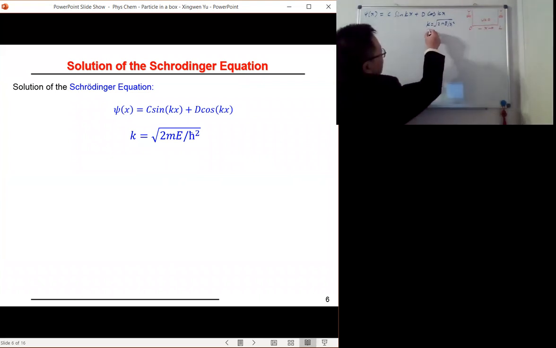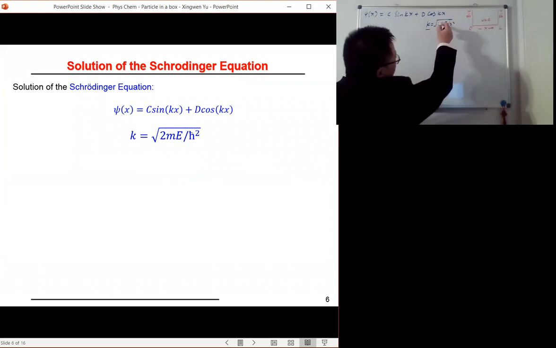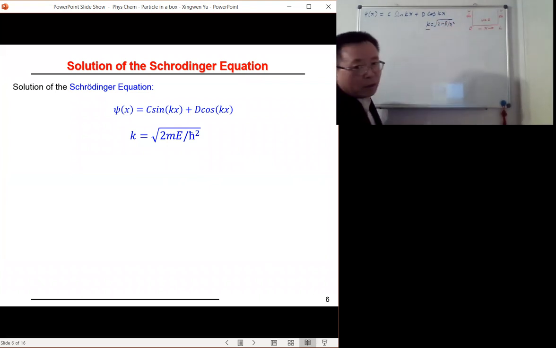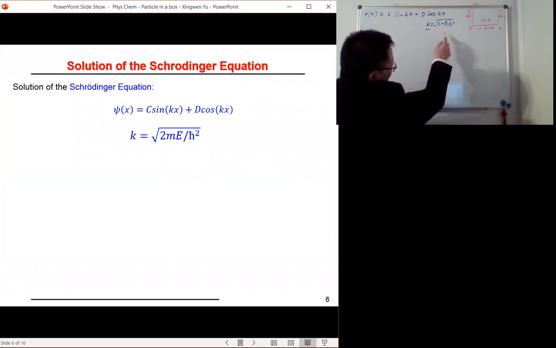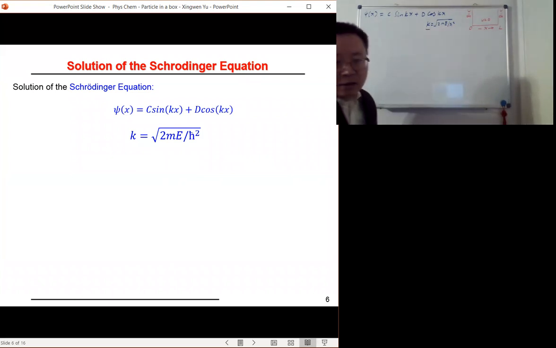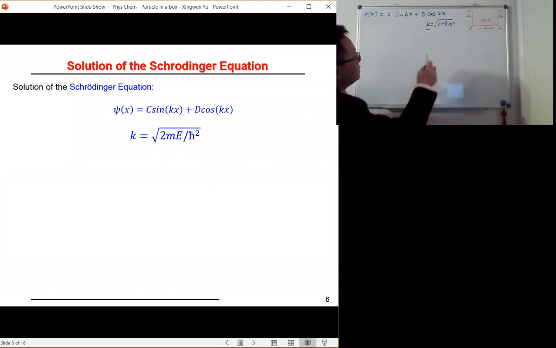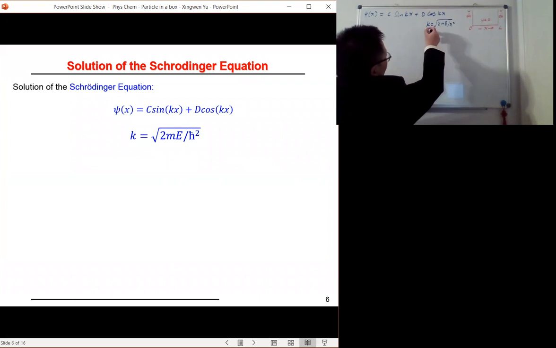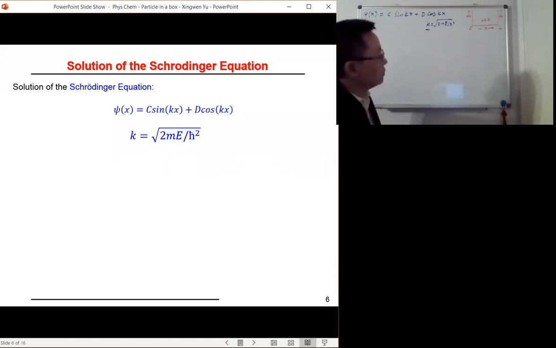K here is a new term we defined as the square root of 2mE over h bar squared. The definition this way is just for the convenience of solving the Schrodinger equation. We are going to use this K a moment later. Now we can leave it here.